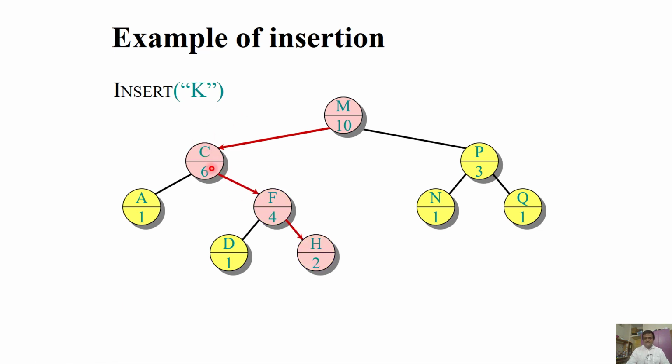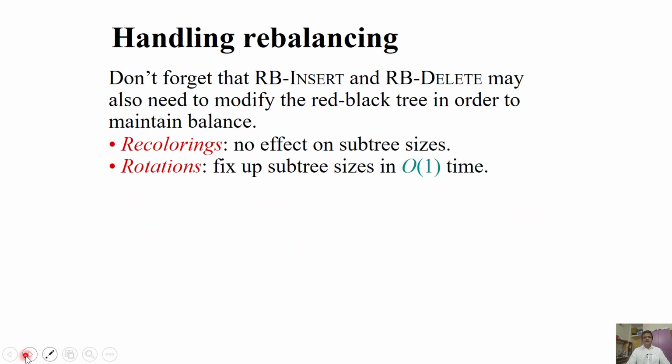Binary search tree insert. k is greater than c, it will go there, k is greater than f, it will go there, k is greater than h, it will go there, until we reach a nil node and insert. Then we put the size of k as 1, and we have to maintain the size along this path, and this path length is the height, that is log n.